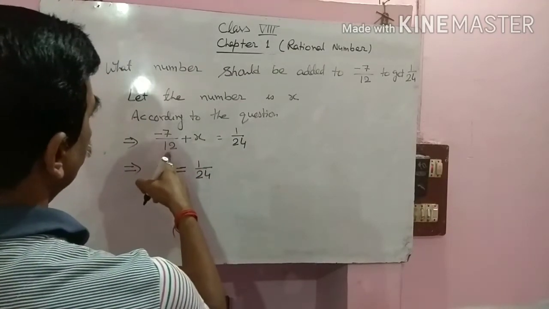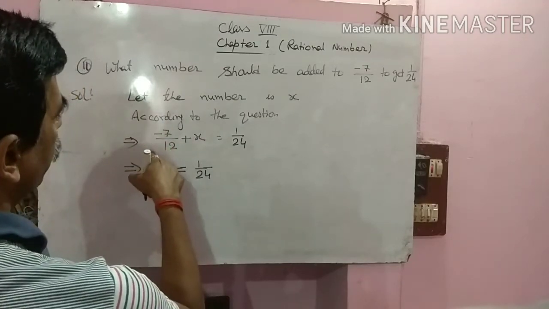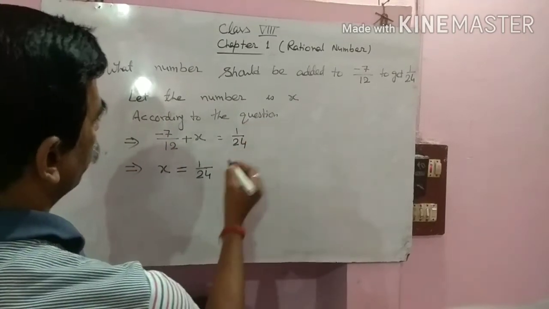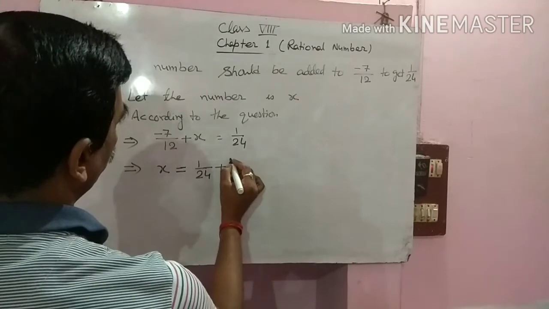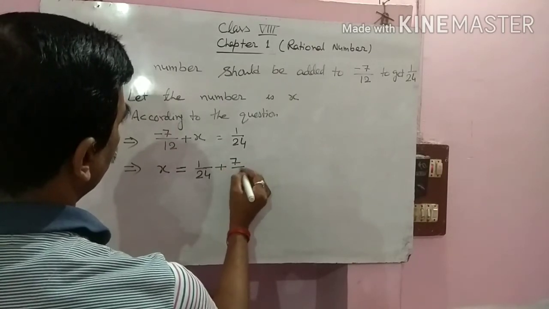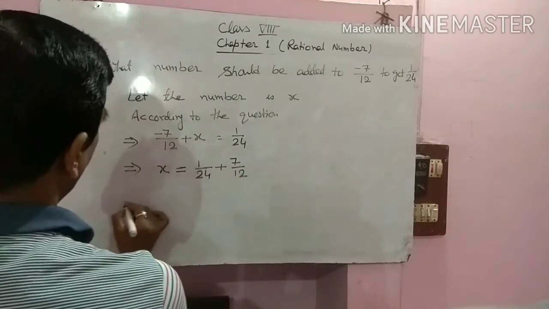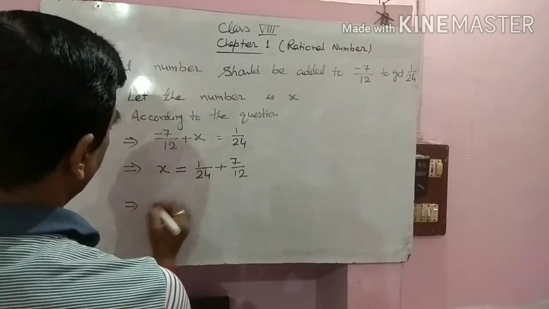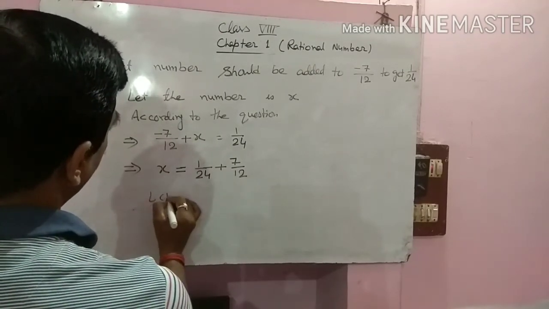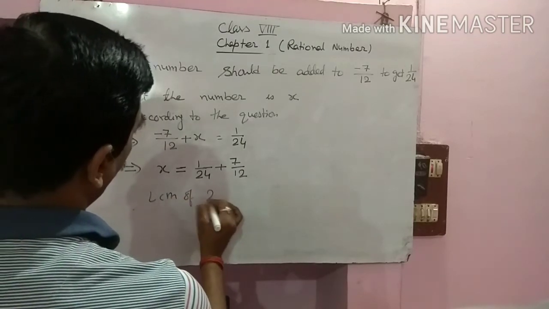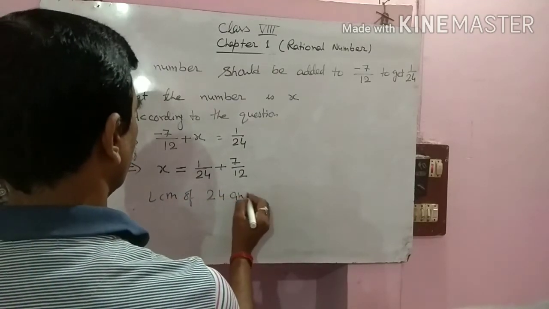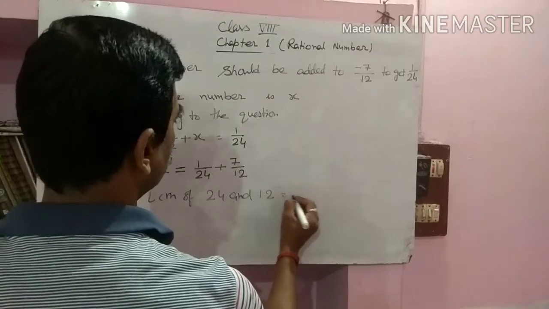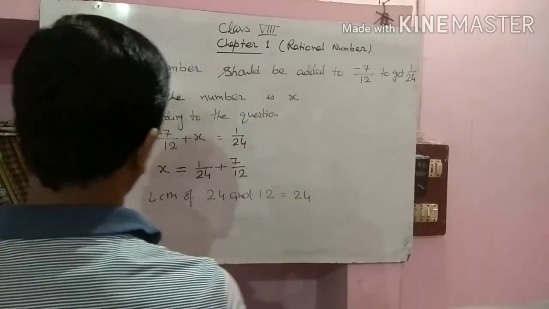If you shift minus 7 by 12 to the other side of the equal sign, it becomes positive 7 by 12. So x is equal to, you can write like this here, LCM of 24 and 12 is equal to 24.